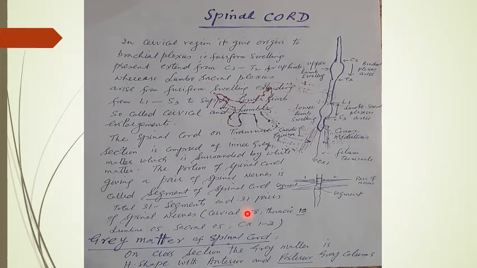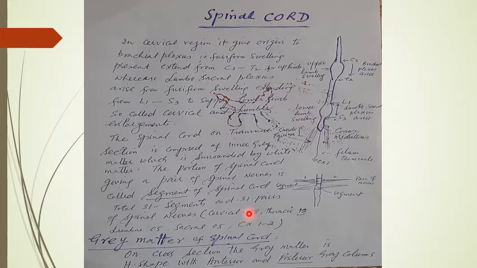Although vertebrae are 7 cervical, the segments of the spinal cord are 8 because the C8 nerve is also there. The C1 nerve passes between the skull and C1 vertebra. So in this way they become 8 segments, giving 8 cervical nerves instead of 7 cervical vertebrae.